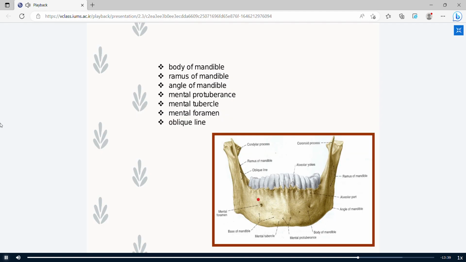This is the body and this is the ramus, left and right ramus. The angle between the ramus and body is called the angle of the mandible.